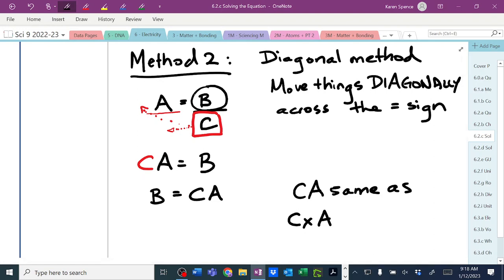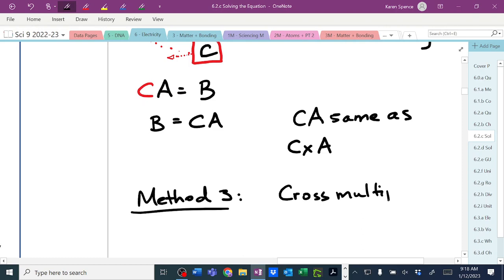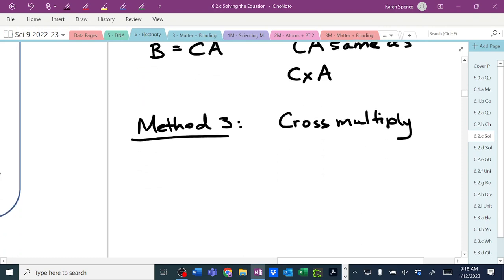There is a third method, method 3. And this is the cross multiply method. So we have A is equal to B over C. We can put A over top of a number.